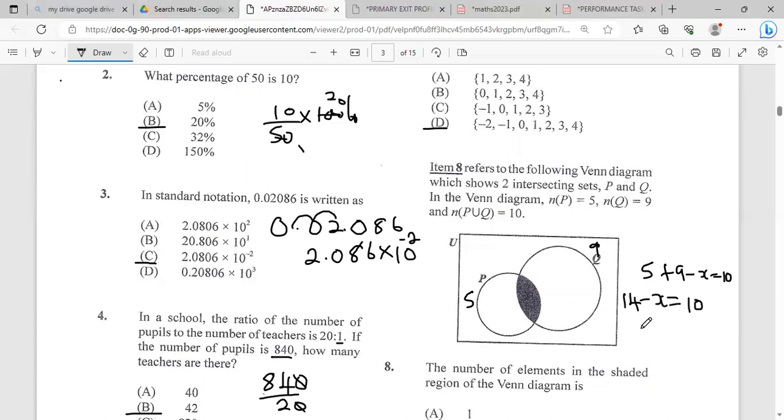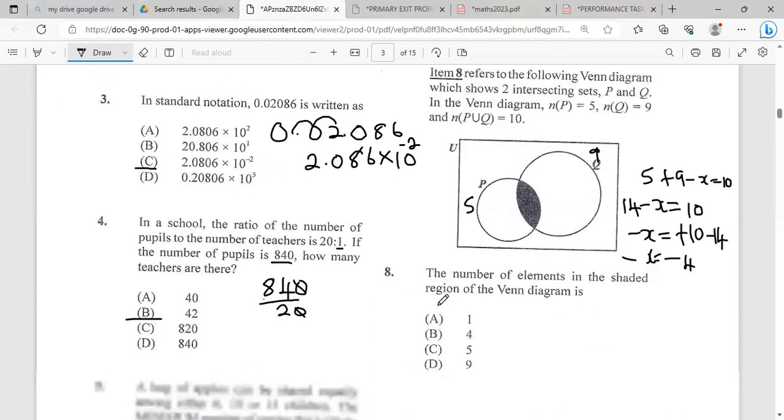So we take away this 14 from this side, which gives us 10 minus 14, which works out to negative 4. But of course, x is negative, so that implies x is equal to 4. So our answer for this would be B.